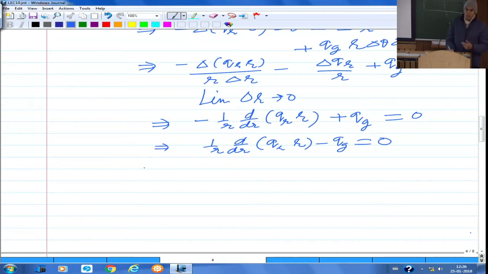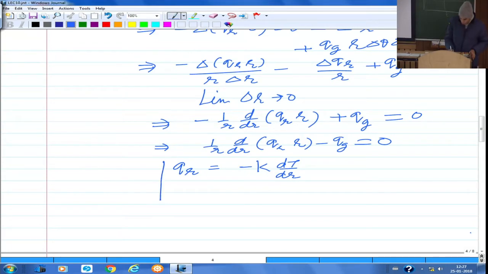Now we bring in the constitutive relation here, that is the Fourier heat conduction law, which gives you QR is equal to minus K into dT by dr. QR, as you have seen in the free body diagram, is a heat flux, heat per unit area. So it's only minus K into dT by dr. It's not the total heat, but heat per unit area.